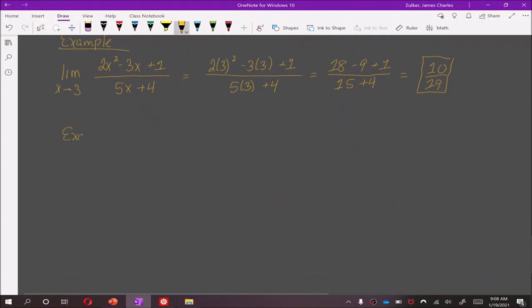Now let's look at the limit as x approaches negative 4/5 from the left of the same function. So if we plug in negative 4/5, we get 2 times negative 4/5 squared. So that observation also works for one-sided limits.